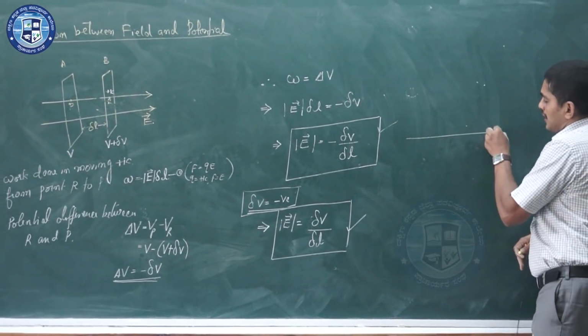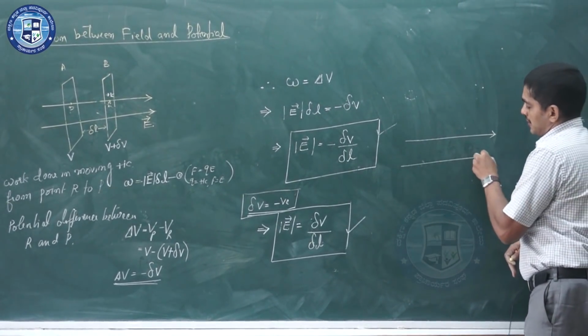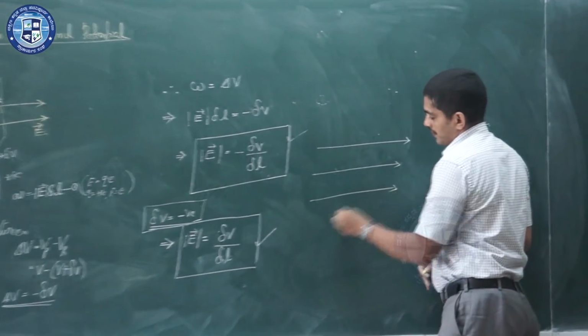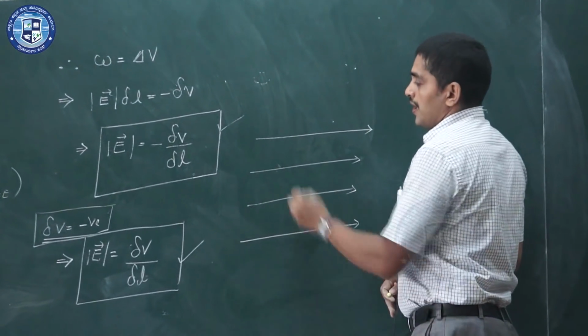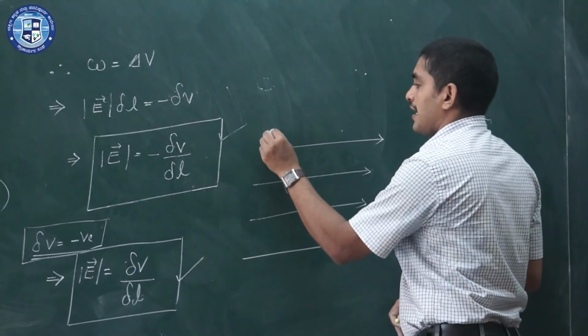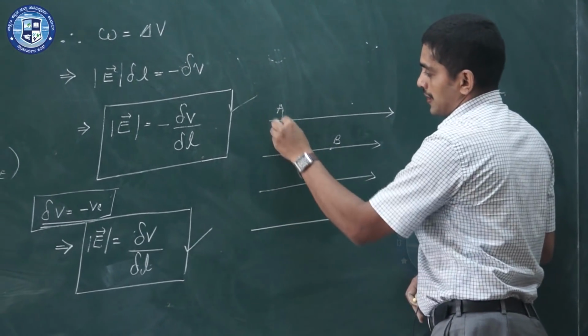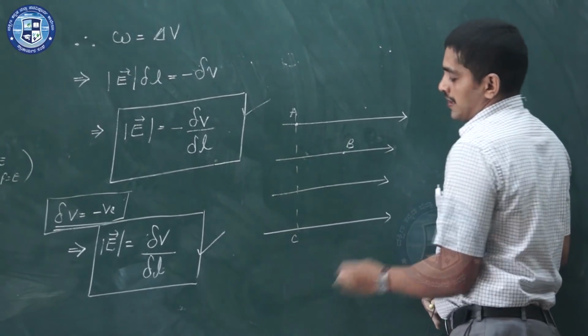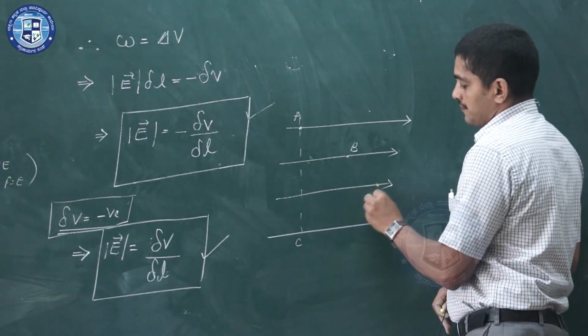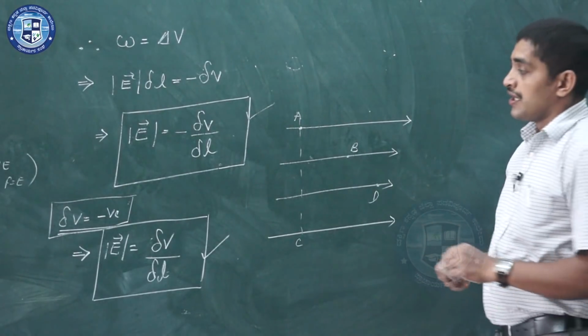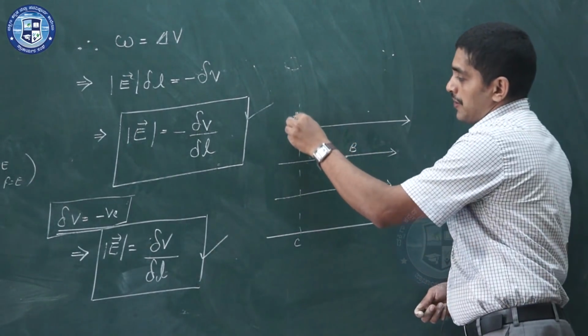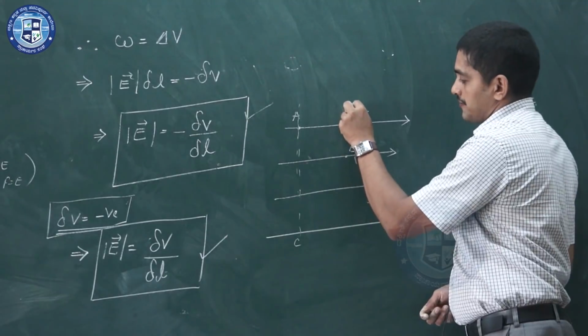Say there is an electric field, say here. Now, if I think of the point say A, say the point B, say the point C, say the point D here. If I ask, what is the relation between the potential at these points?